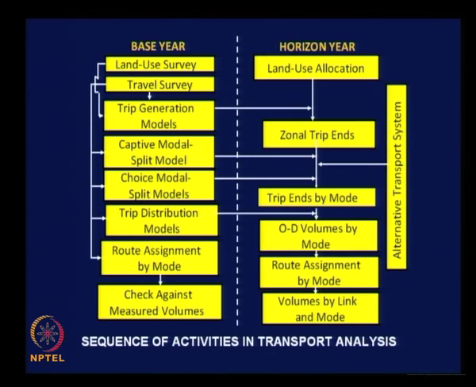So, collection of information about land use and travel is what we call as transportation surveys, right. So, unless we have this data in hand, we will not be able to do all the analysis that we have been discussing so far, right.